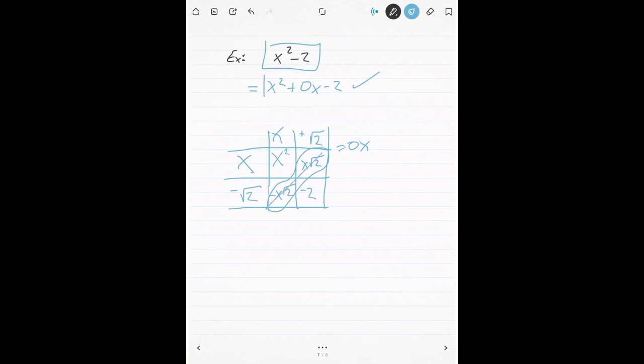And what do you know? Those cancel out. So we could say that x squared minus 2 can factor down into x plus root 2 times x minus root 2. So it is possible to factor this polynomial down. However, it doesn't work with the integers.